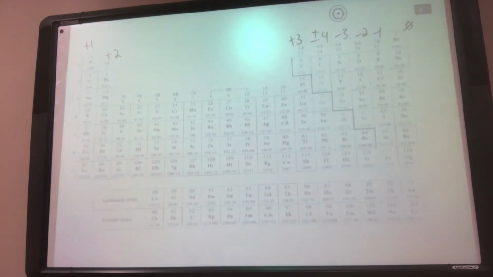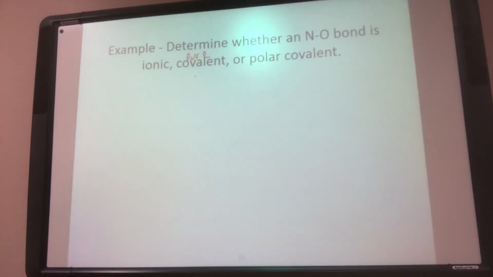So if I go to my periodic table and I find N and O, here's N and here's O. So, are they the same? Are they the exact same element? No, one's N and one's O. So for it to be pure covalent, it has to be the same element.